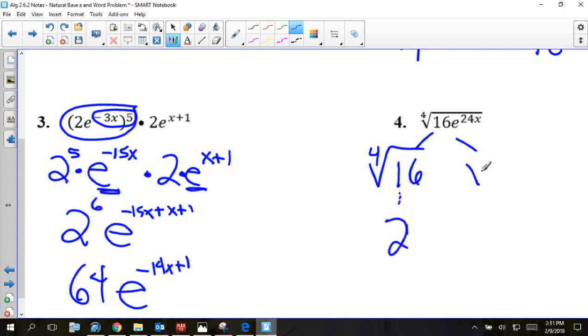Now I'm going to separate out the 4th root of e to the 24x. How do I simplify something like this? It is to the 4th root. How do I make it so it simplifies the exponent?